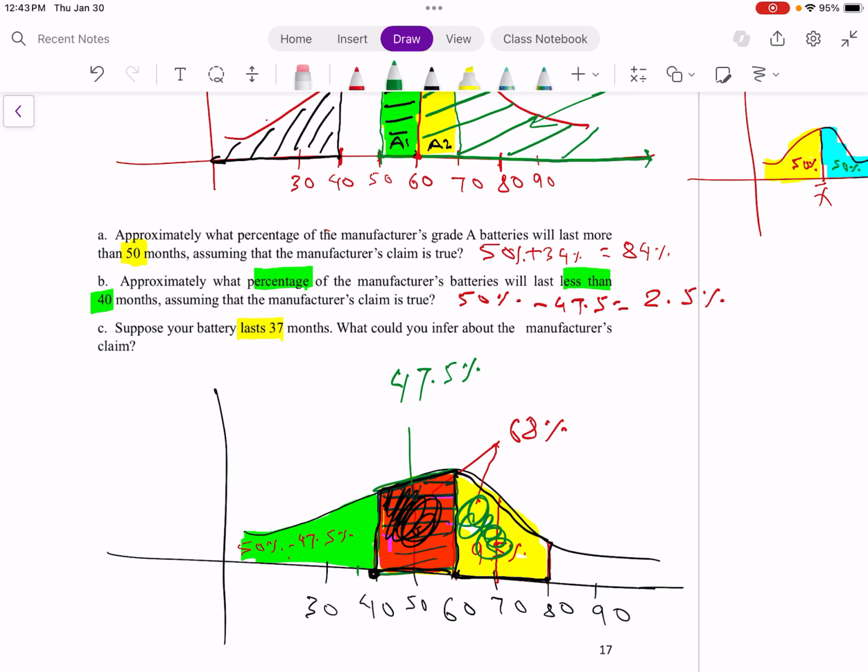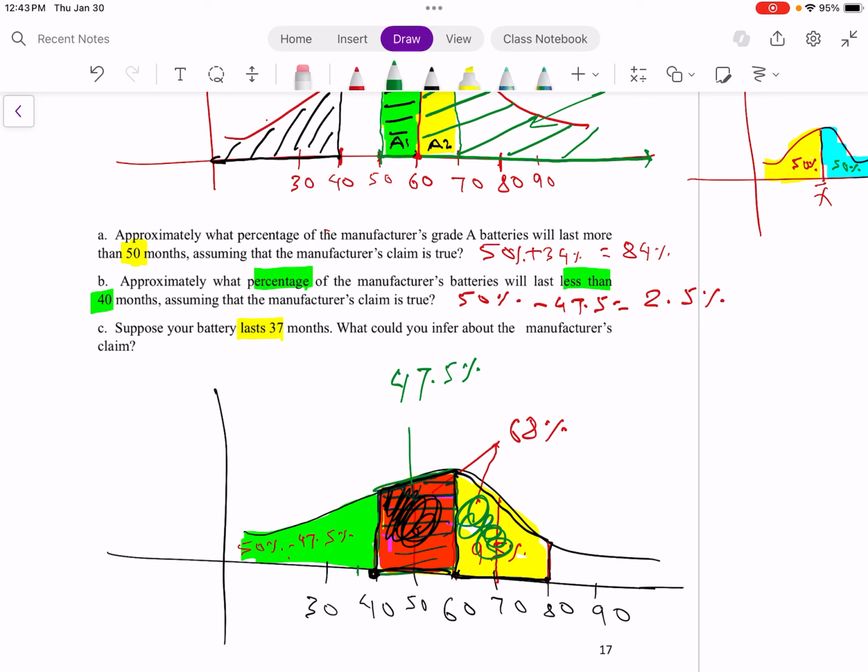Is true. So then what is your case? From here we know that 84% of the batteries last more than 50 months. But the battery that you got lasts only 36 months, so 37 months.